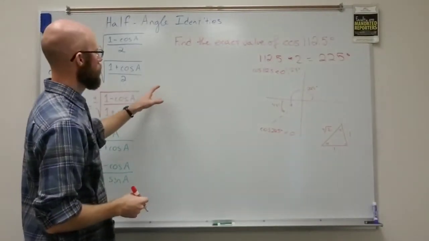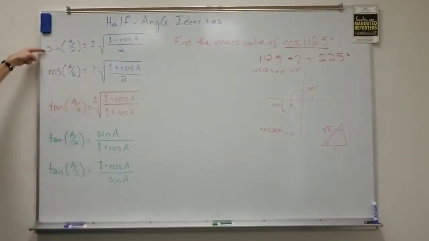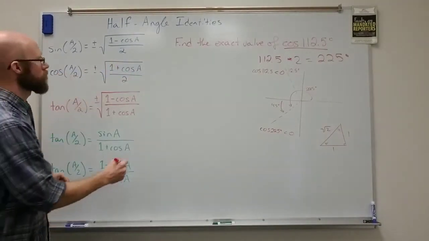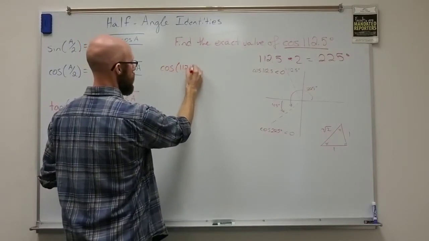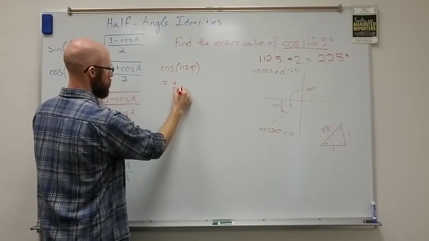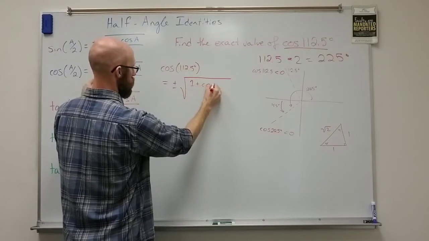So now, because I'm looking to find the cosine, I look at my formulas, and here's the cosine. So I'm going to plug stuff into here. That means the cosine of 112.5 degrees must be equivalent to plus or minus the square root of 1 plus the cosine.